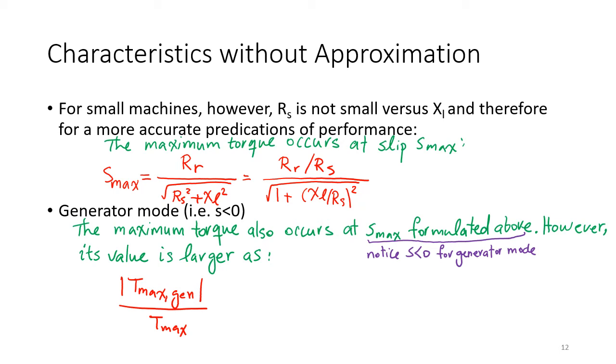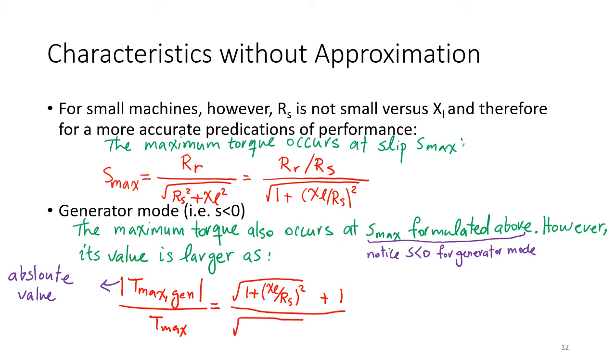That's why here I have used absolute value. It will be equal to 1 plus XL over RS square plus 1 over 1 plus XL over RS square minus 1.